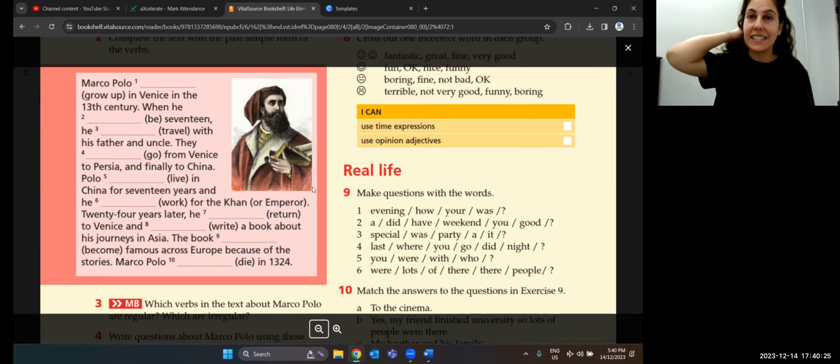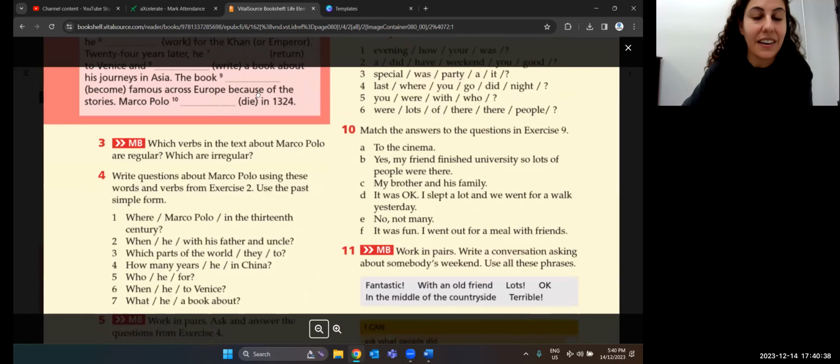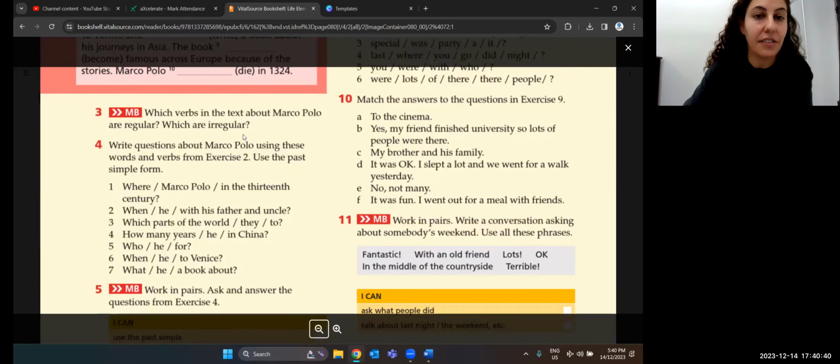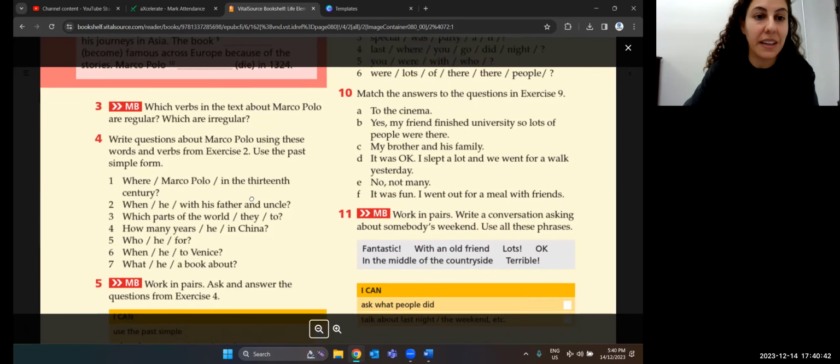Okay, we just add an ed to our actions. Unless they are irregular, then we must remember which verbs are regular and which ones are irregular. I spoke about them as we were doing it.